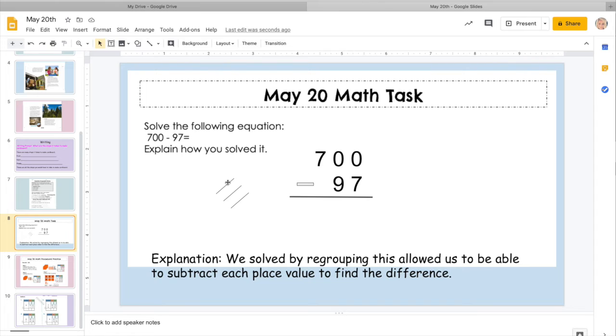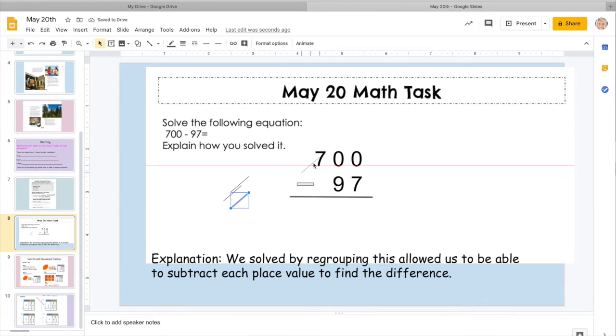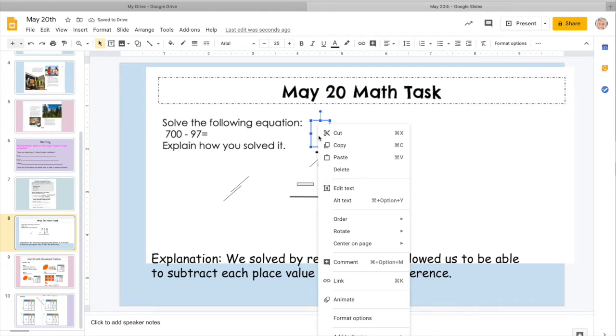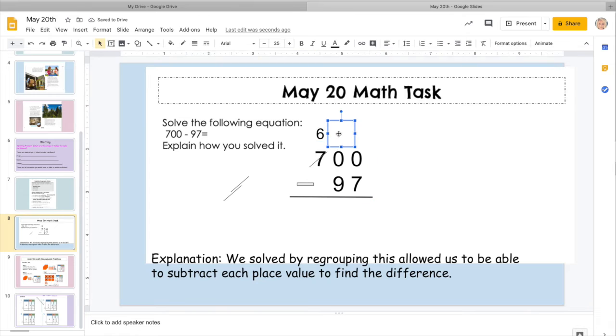So the first place we're going to borrow from is the hundreds. I'm going to grab one of these bars here. That 7, because we need to borrow it, is going to become a 6 because we have borrowed 100.